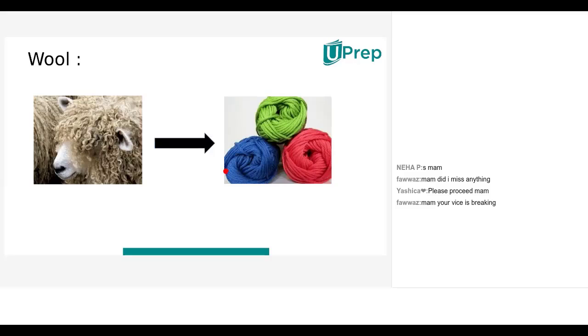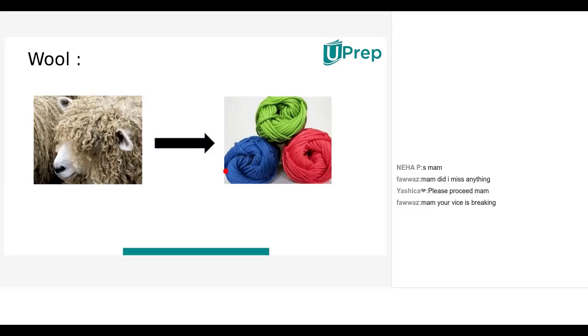So what are the uses of wool? Wool is used for making sweaters. That means it's also textile, yes, ma'am. Wool is also used in textiles, for decorative purposes, and in craft works.